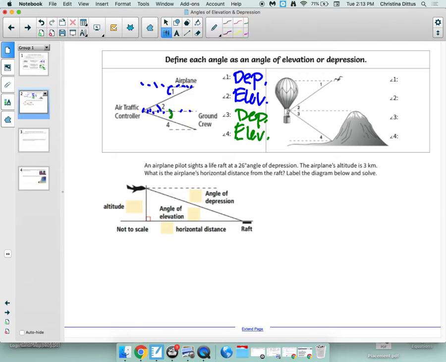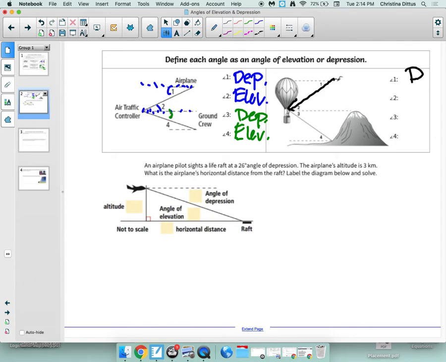Oh. Okay, I get it. How do you tell? How do you tell what you're looking at? Exactly. So like this, okay, so look here. This angle 1 is up at the bird, right? So the bird is looking at the person in the little balloon. So is my line going down or is it going up? Down. It's going down, so my elevation or depression?